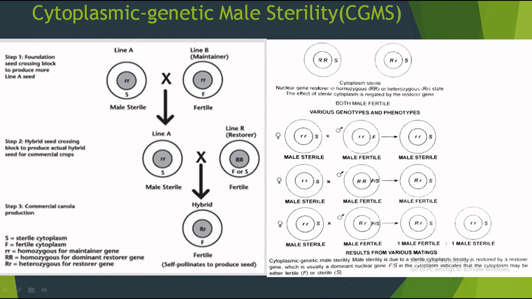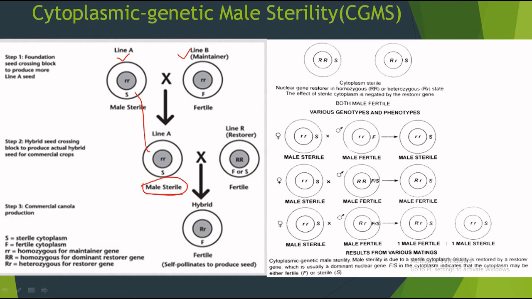Here you can see we are crossing line A, that is male sterile, and line B, the maternal line, that is male fertile. Now we will get the F1, that is male sterile. We already know it is due to the cytoplasm, the contribution of the mother to the F1. Now we have to restore the fertility of this F1 plant.